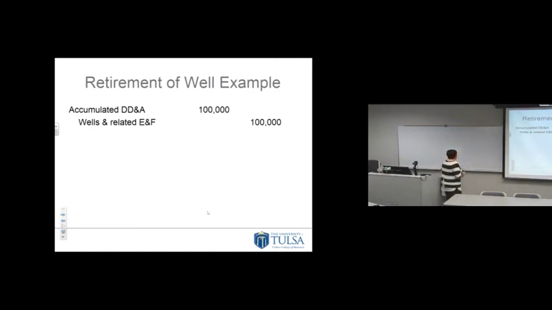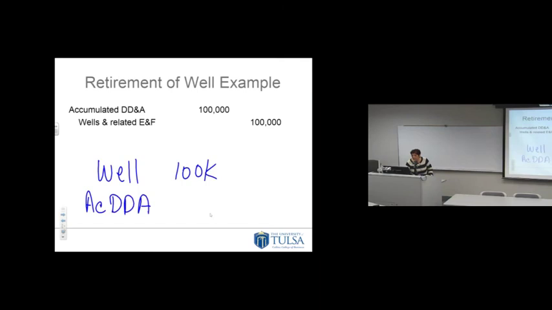So again, don't let this confuse you. What I've got here is a well on my books of $100,000. And then I've got accumulated DD&A. Remember, accumulated DD&A is a negative amount of $100,000. Okay. Now this well is now being abandoned.